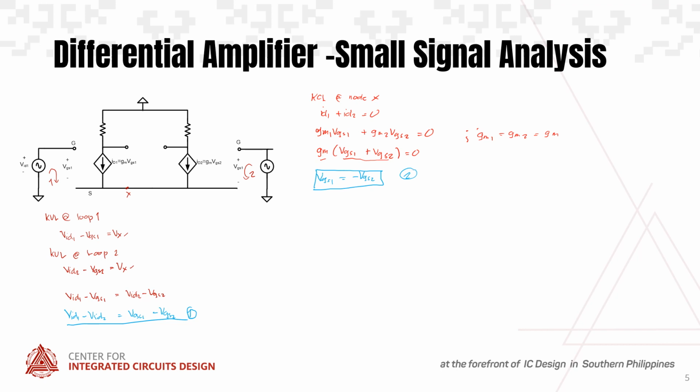Now, let us go back to the VID1 and VID2. Here we have VID1 and VID2. And since they are complementary and symmetrical, we can say that VID1 is equal to negative VID2.